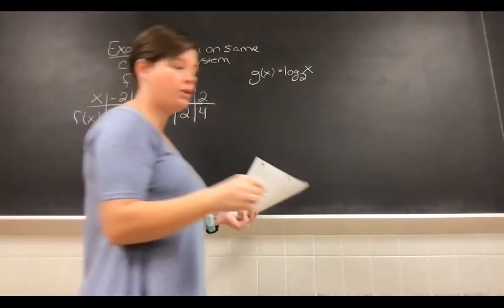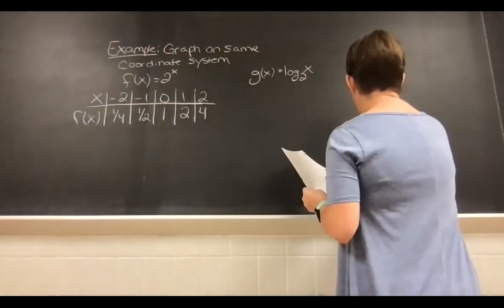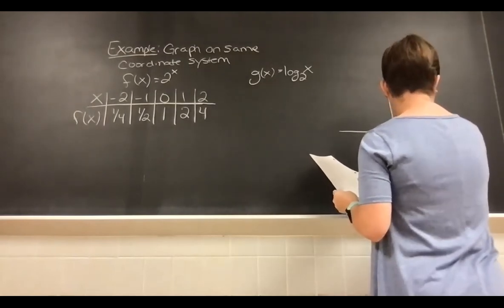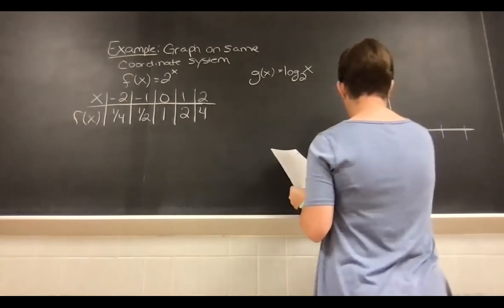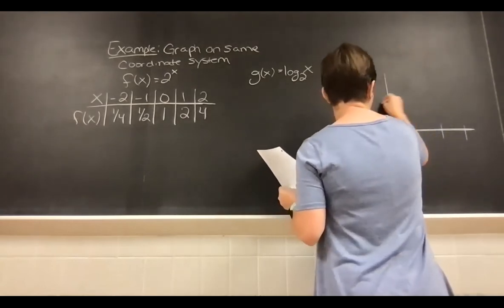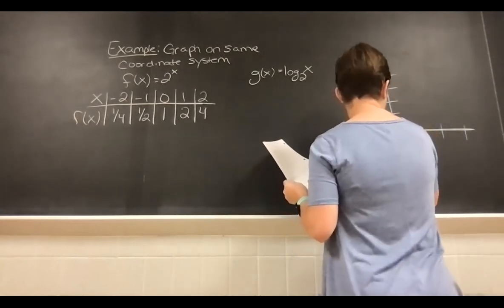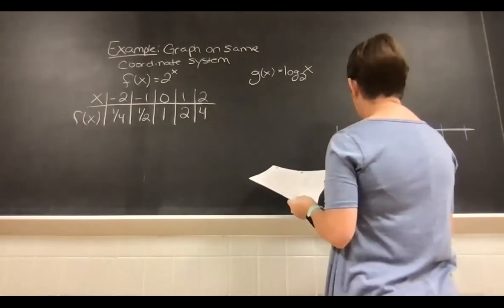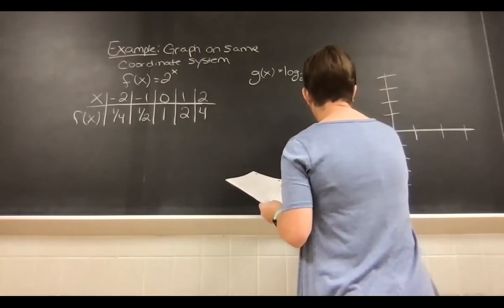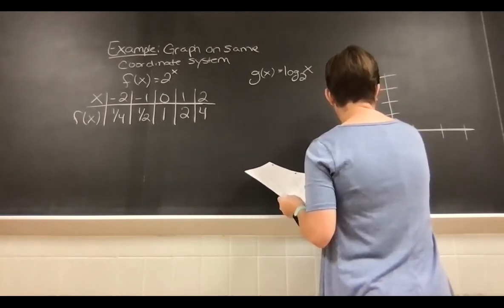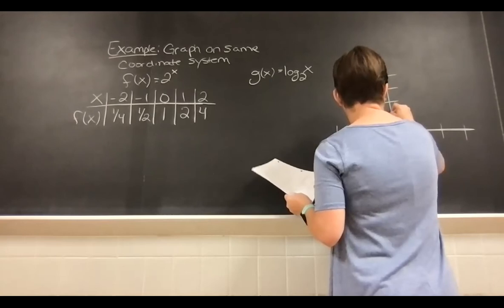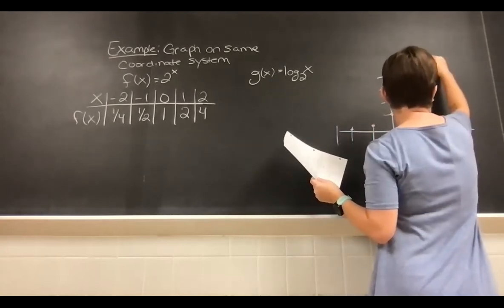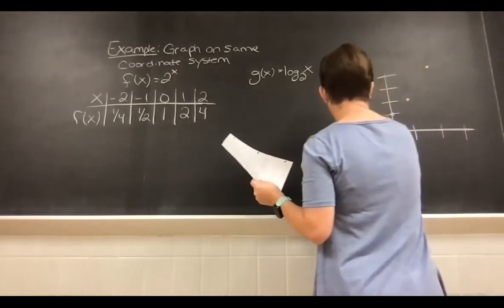Okay, so I'm going to go ahead and graph that over here to the side. Plot those points that we know. Okay, so we had -2, 1/4, -1, 1/2, 0, 1, 1, 2, and 2, 4.